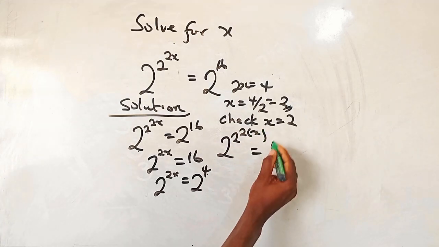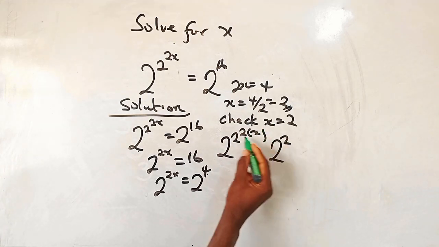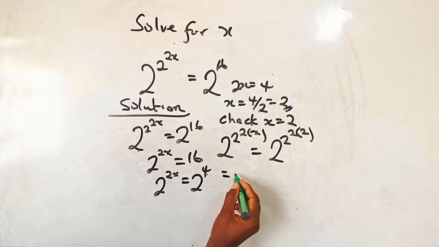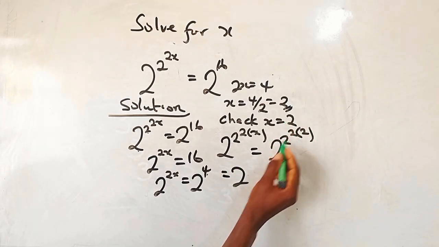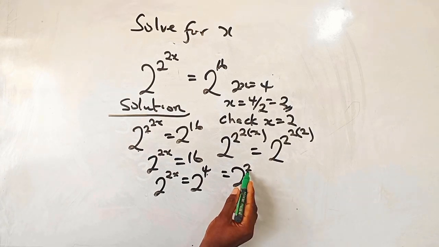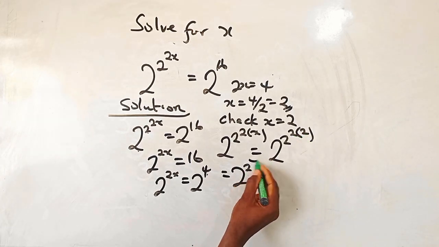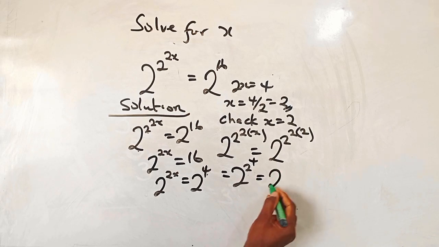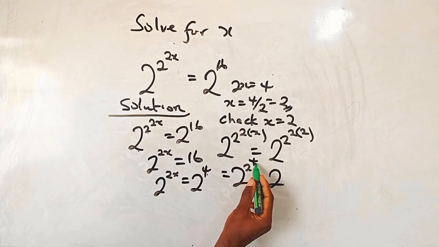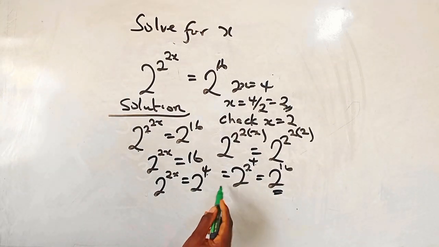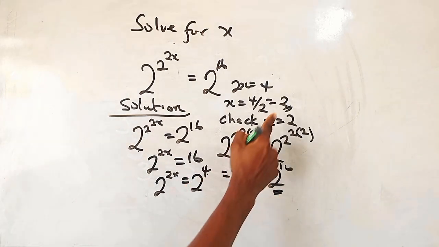That gives us 2 raised to the power 2 raised to the power 2, which is the value of x. When we apply the exponent law, 2 times 2 is 4, so we have 2 to the power 4, which is 16. So that means the value of x is 2.